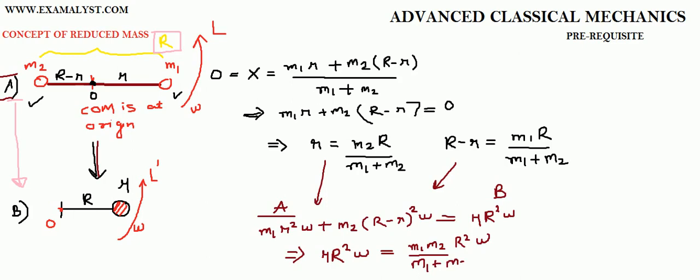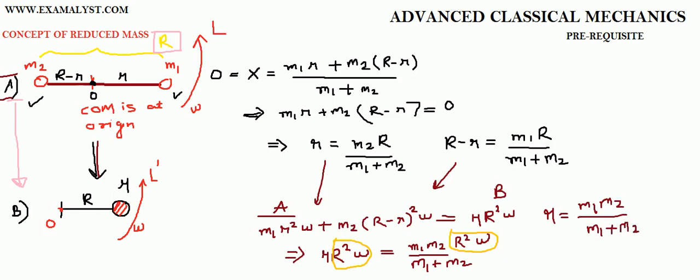Now please see that R square omega is the same on both sides. So obviously we are left with only one thing, that mu equals m1 m2 divided by m1 plus m2.